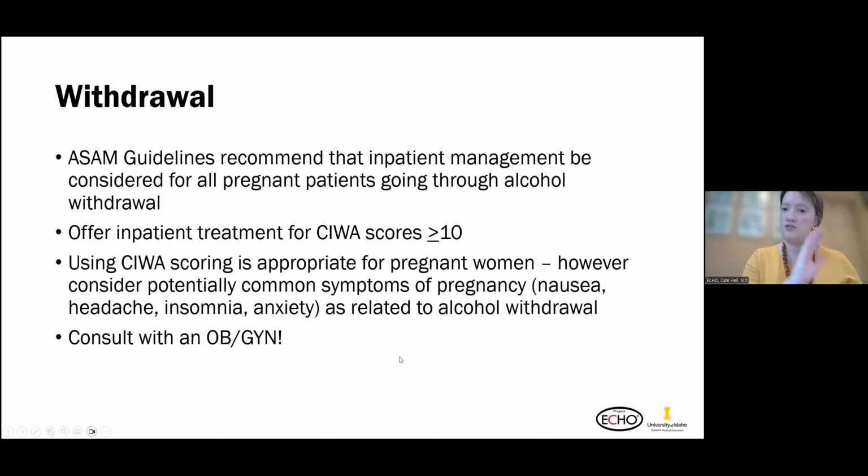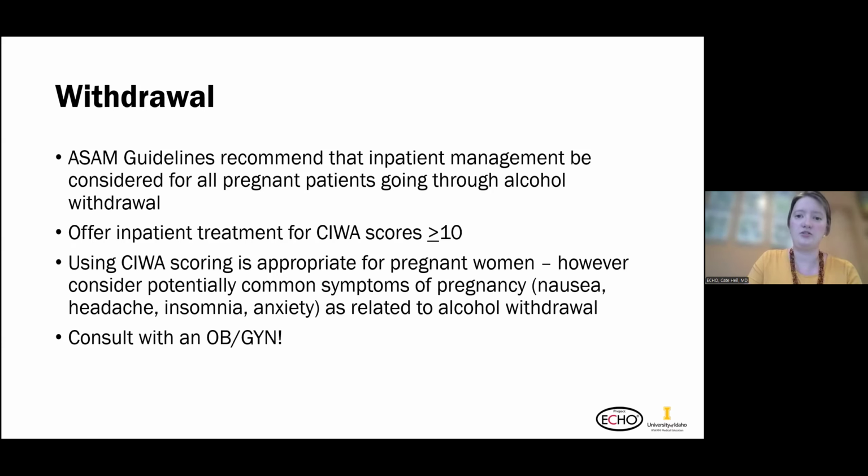And I should say also, if they meet any other contraindications to ambulatory alcohol withdrawal management, like history of alcohol withdrawal seizures, unstable home life, all of that, of course, they would qualify for inpatient treatment. And as far as I am familiar with, in this area, the general standard of care is to offer inpatient management, and preferably inpatient management for pregnant women going through alcohol withdrawal.